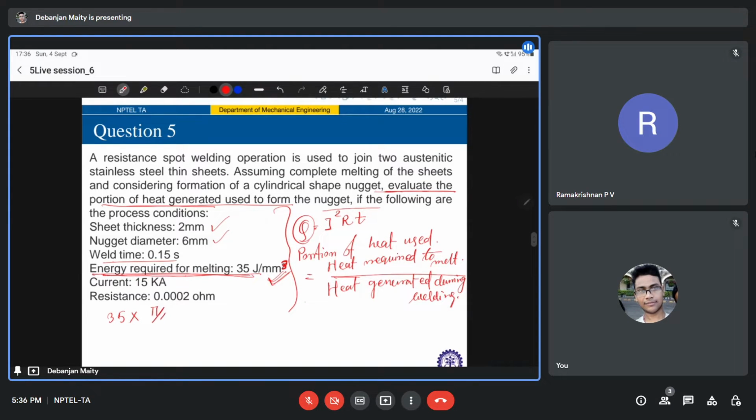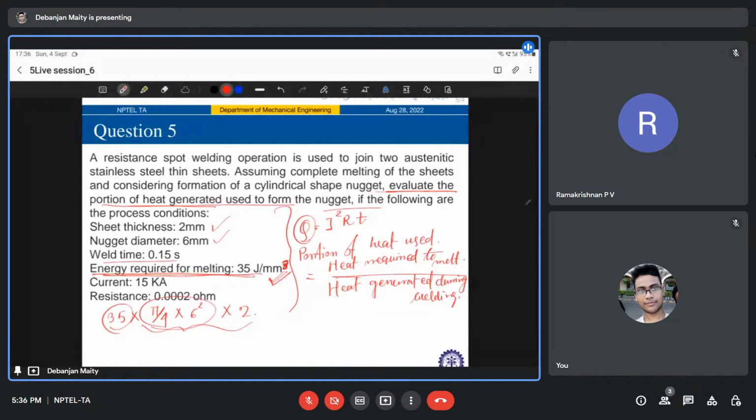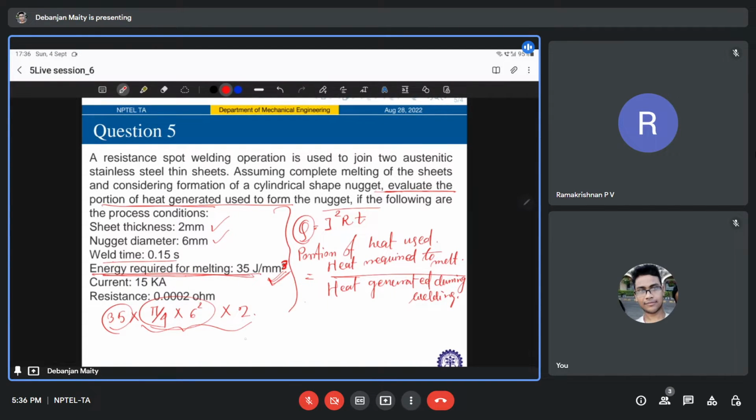It will be pi by 4 into 6 square, that is your area, and your sheet thickness is 2 mm. So this amount is your total volume of the material which needs to be welded, and that into your energy required for melting, 35 joule per millimeter cube. So this will be the heat required to melt the workpiece.